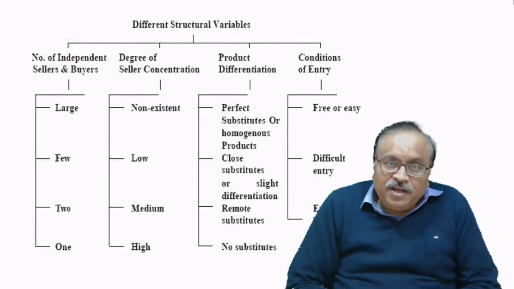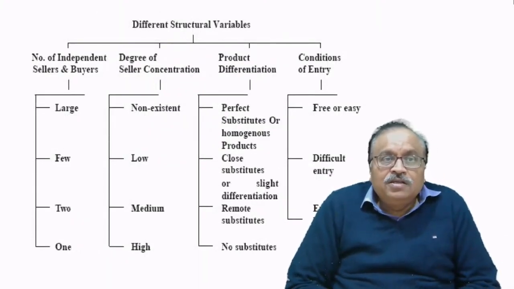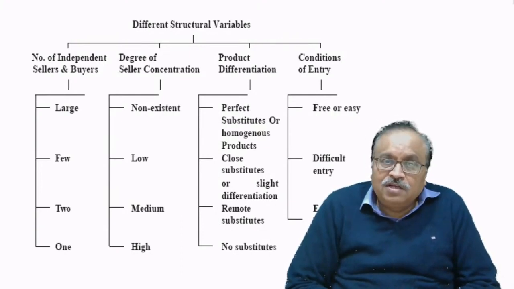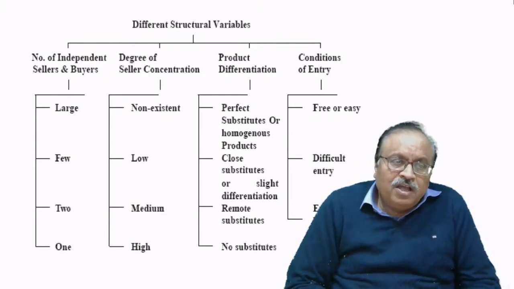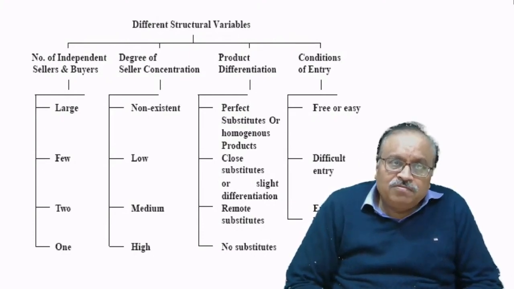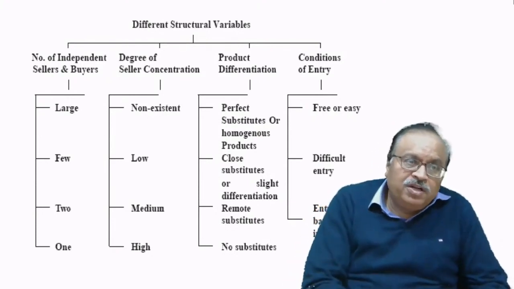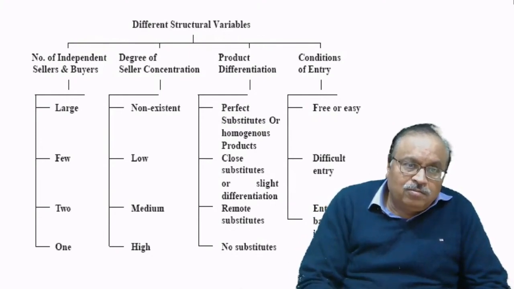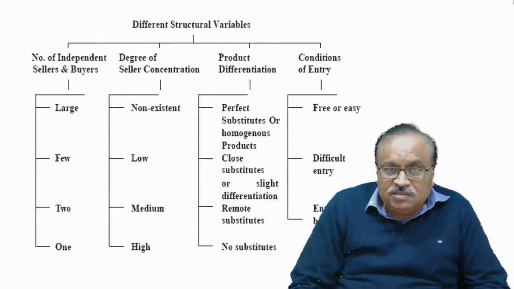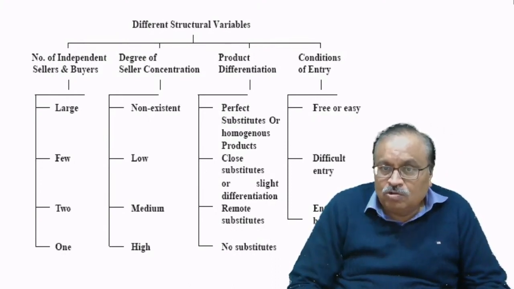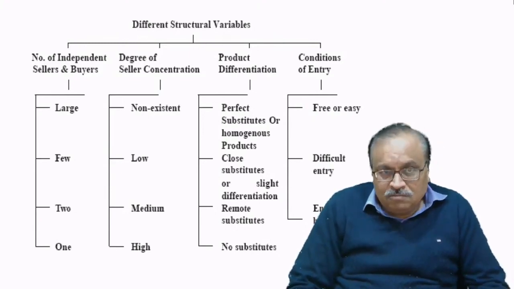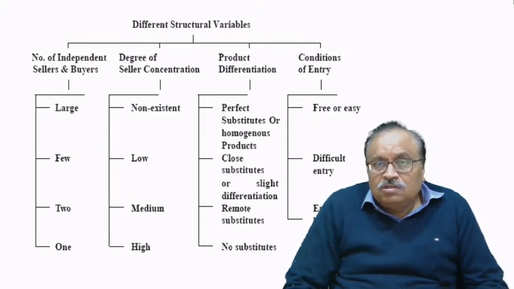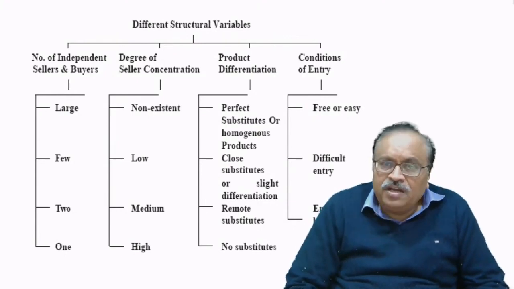Different structural variables are the number of independent sellers and buyers, degree of seller concentration, product differentiation, and conditions of entry. We have seen this earlier also. With a large number of sellers, there is no concentration, products are perfect substitutes or homogeneous, and entry is free. When there are few, concentration is low, substitutes are close substitutes, and entry is difficult.